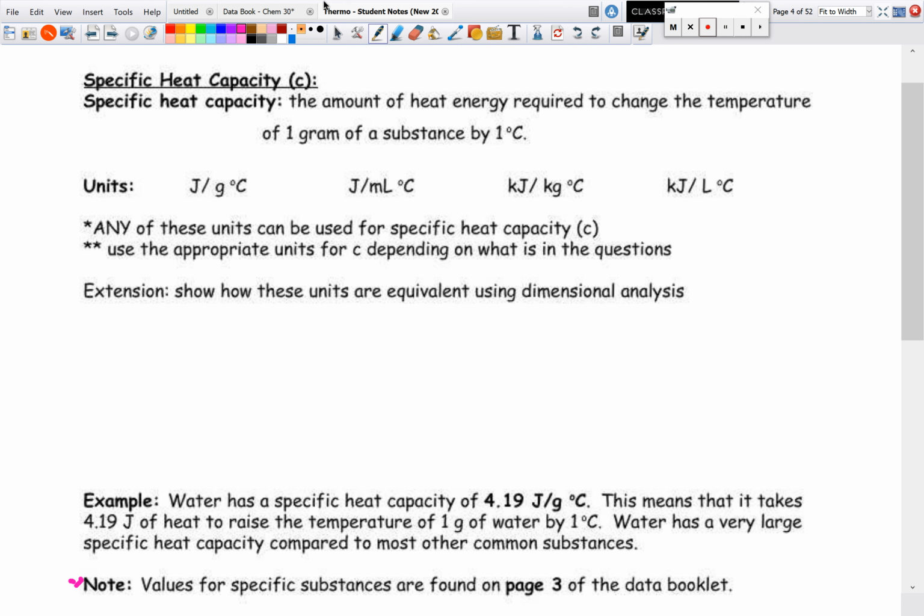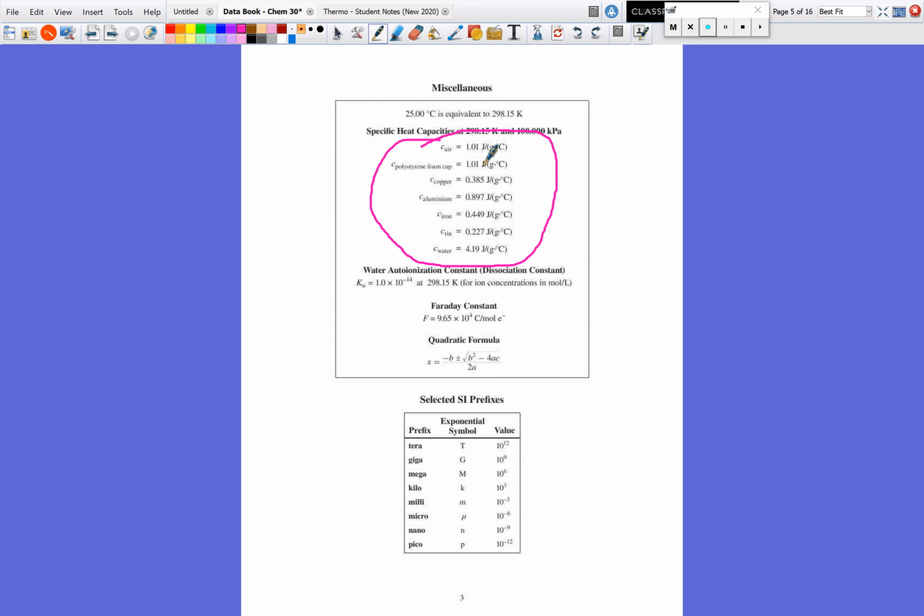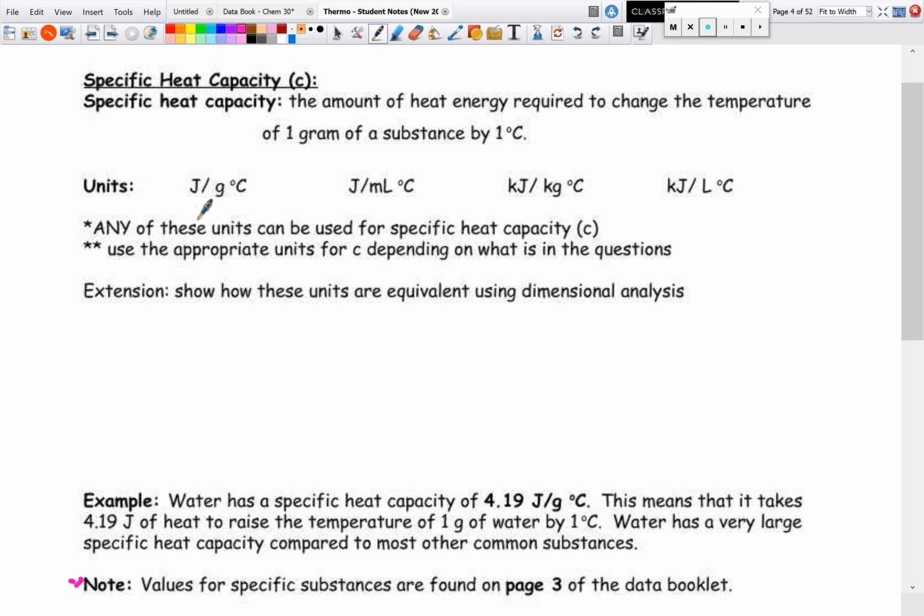Now you'll notice that the units here are in joules per gram degree Celsius. However, we can use any of these units: joules per gram degree Celsius, joules per milliliter degree Celsius, kilojoules per kilogram degree Celsius, and kilojoules per liter degree Celsius.